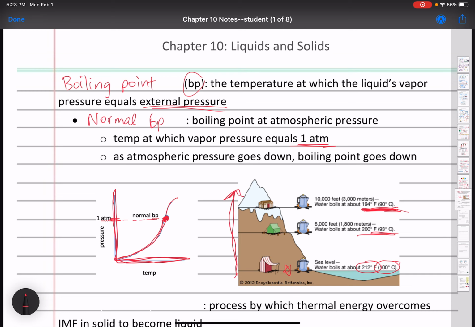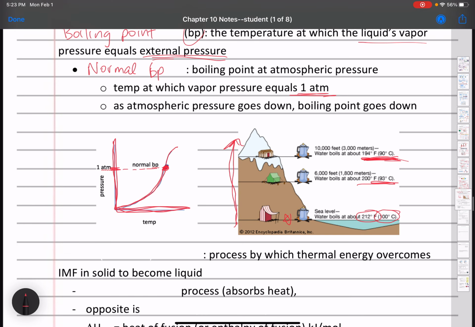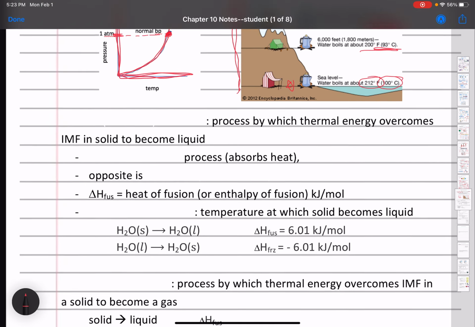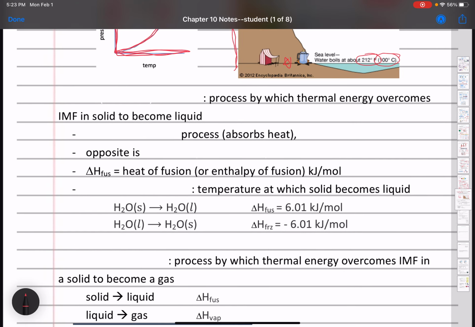But the key is that water, for example, does not have a single boiling point. Its boiling point is dependent on the atmospheric pressure because boiling point is defined as when the liquid's vapor pressure equals the external pressure. That's when you start getting bubbles bubbling out, and the process of boiling.